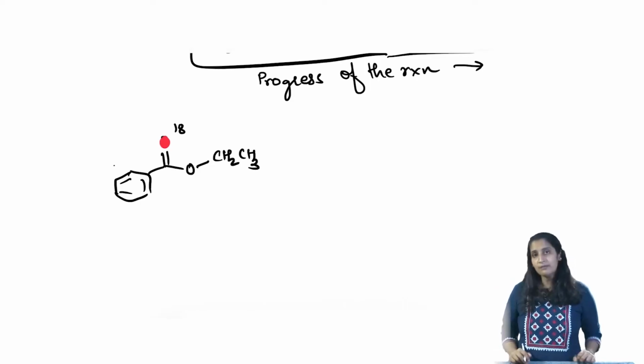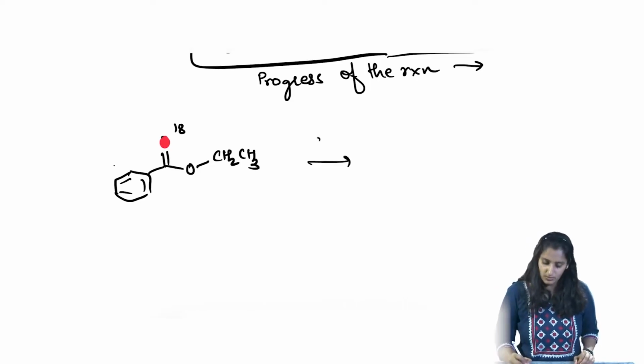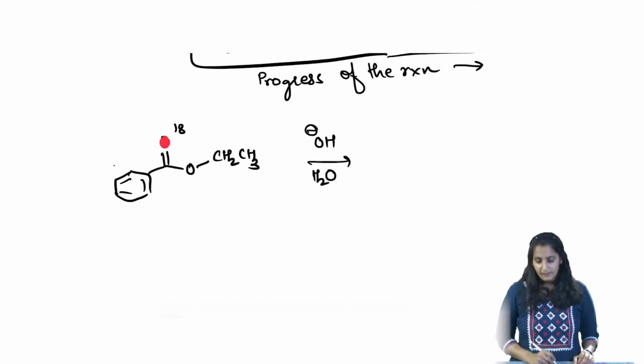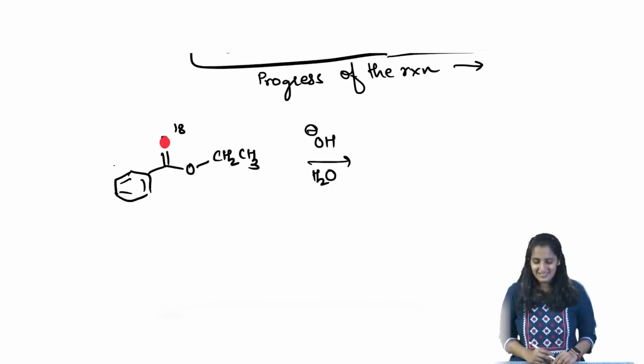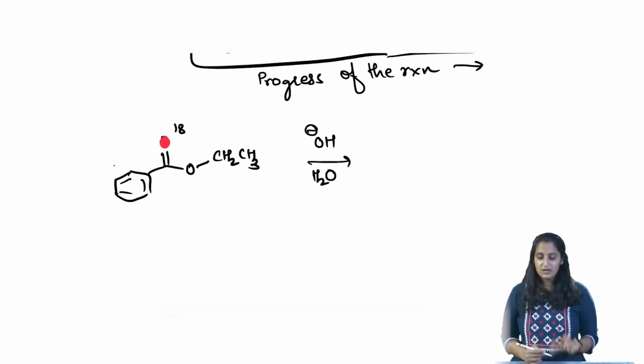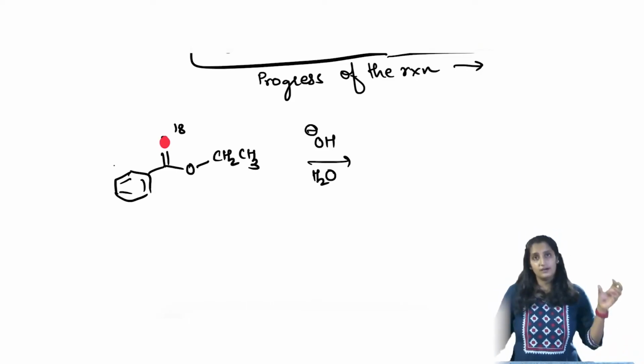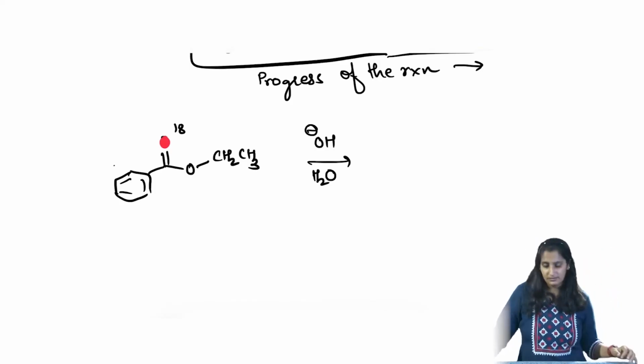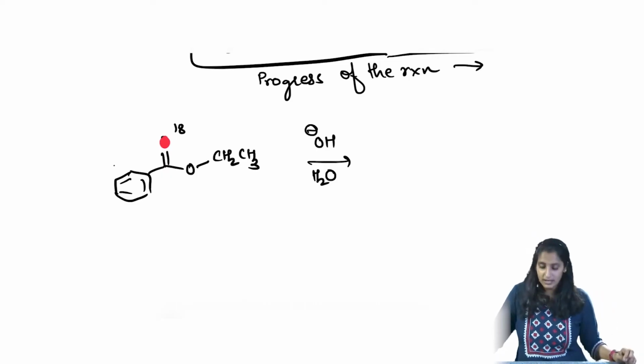And now, if we put this particular ester into base, so OH minus and water, remember, hydrolysis of ester in basic conditions is a very important reaction, because the base catalyzed hydrolysis is also called saponification, with which we form the soap that we use. So, the esters of long chain fatty acids, when we carry out the corresponding saponification reaction, we obtain the soap. So, this is the mechanism of saponification.